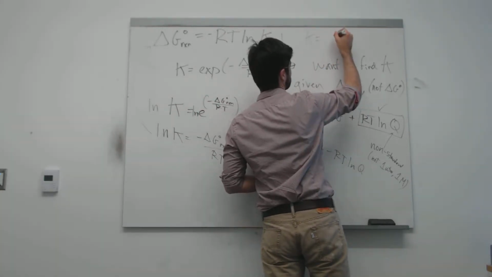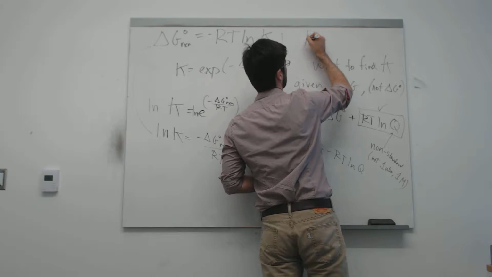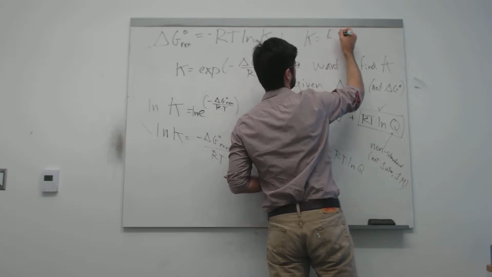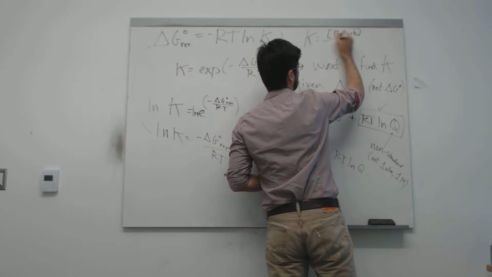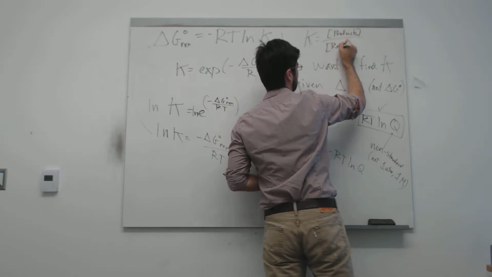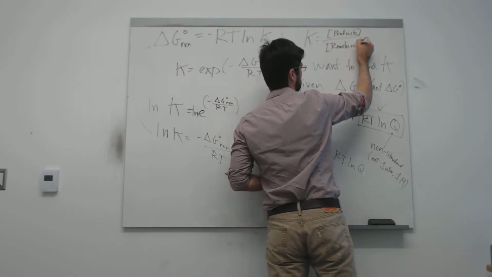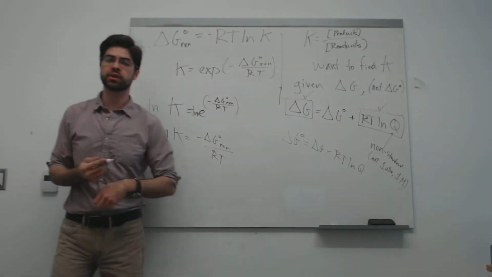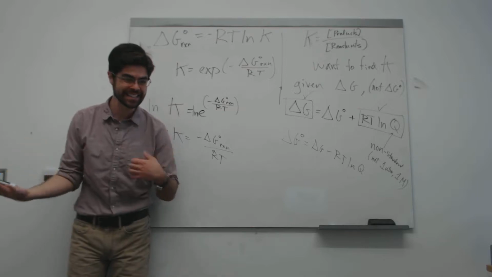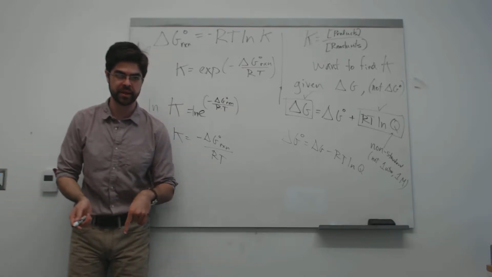The law of mass action says that the equilibrium constant should be equal to the concentrations of the products over the reactants. Now, this is true, quote unquote, regardless of whether the system actually is at equilibrium or not.